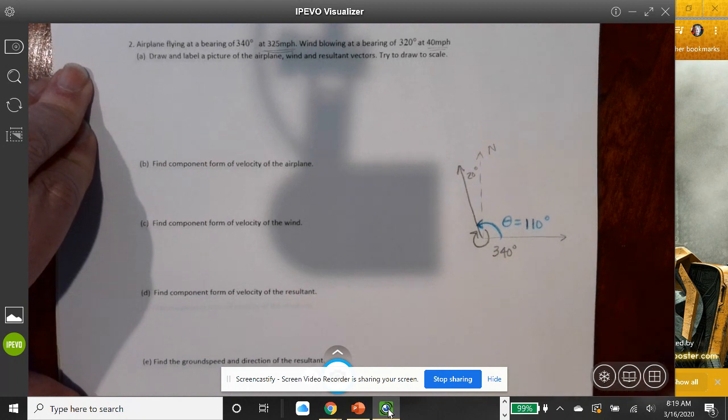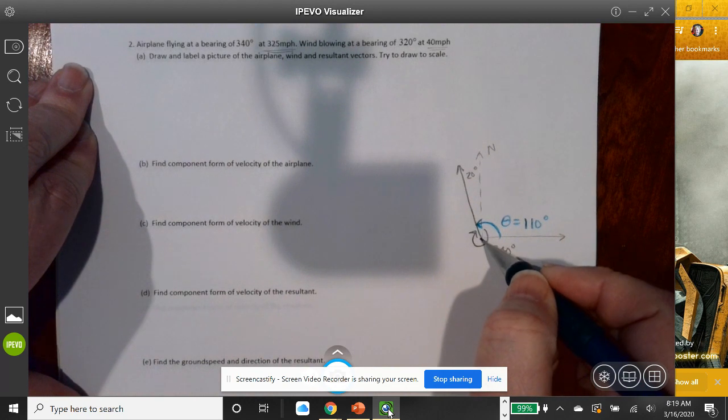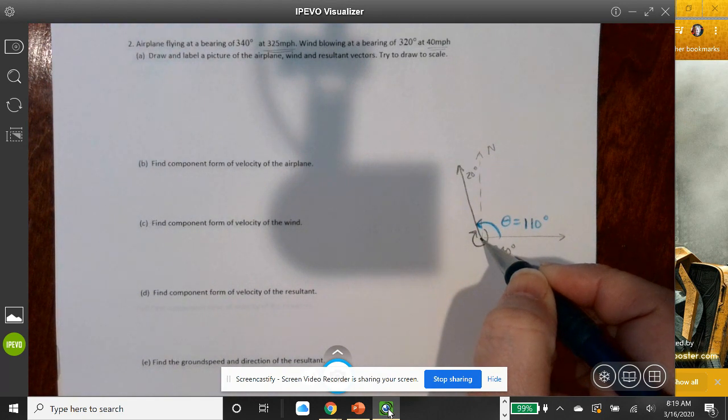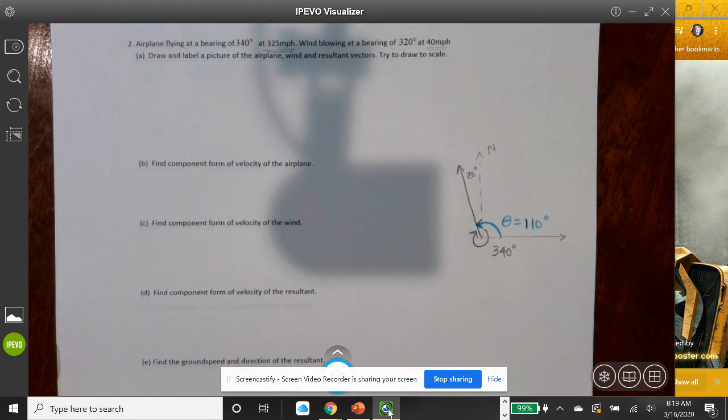So what happens when we add two vectors together? Well, I could put them both in standard position, but that's a little more difficult to see what's going on. So what I like to do is get my colored pencil here and put them together, as they will be working together.